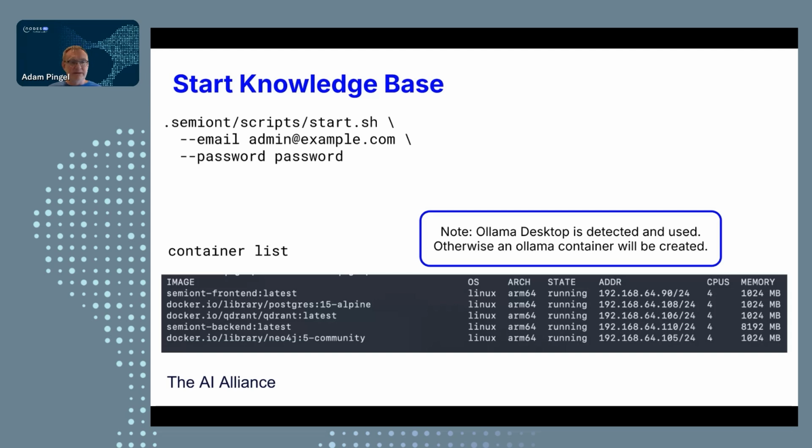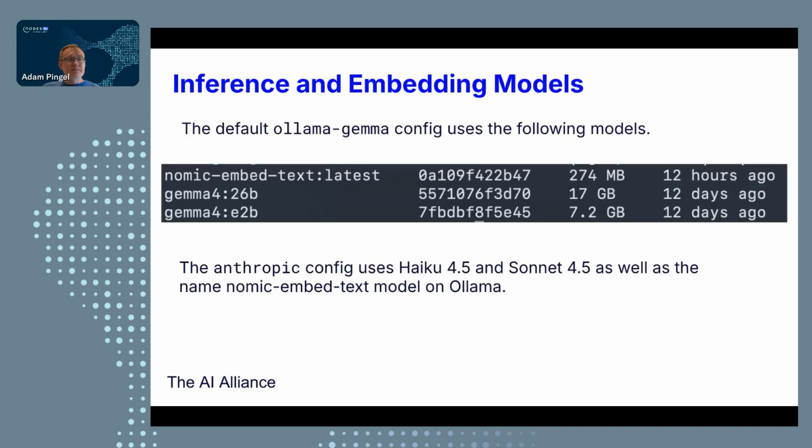that let's say you within your organization might stand up. So if you run that script, it requires that you've got some kind of container technology, either Apple container, Docker, or Podman. If you run start, you'll get these resulting 5 containers running. And then if you happen to have Ollama desktop running already, it will detect that and use that for inference.